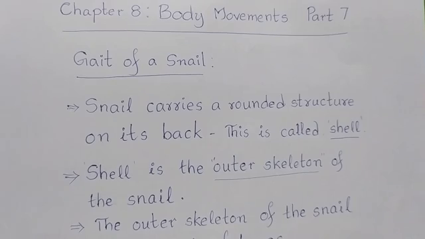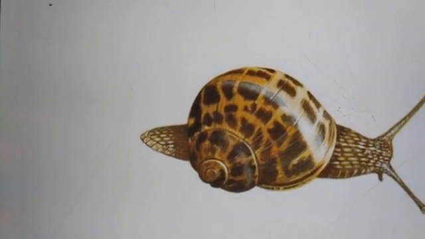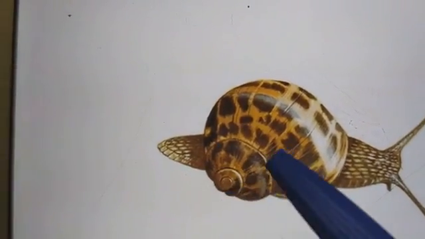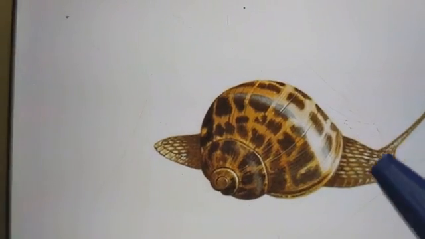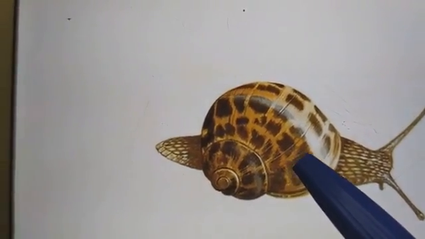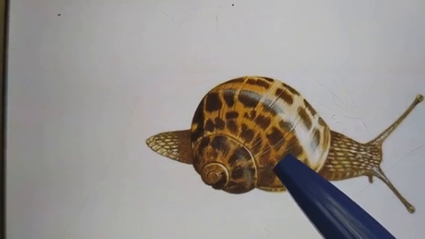This is called shell. Look at the snail. This is a rounded circular structure that is present on the back of the snail. This is called the shell of the snail.